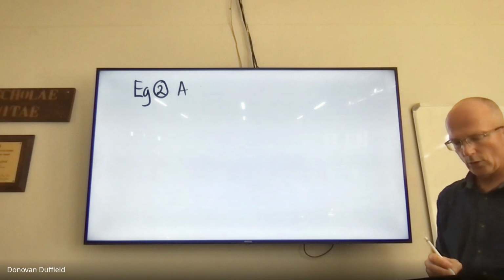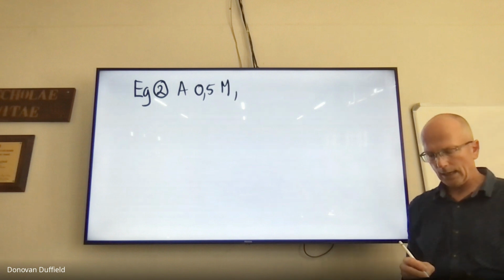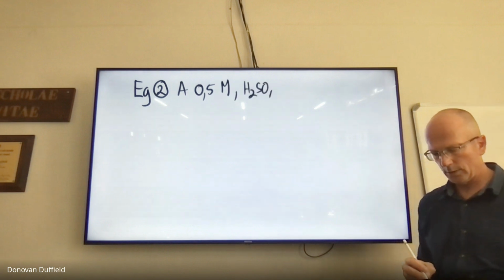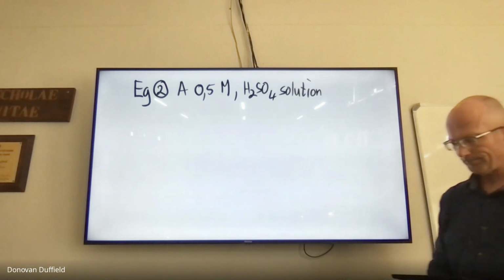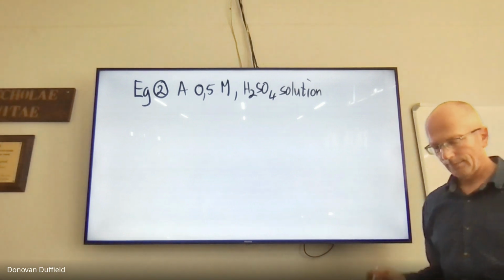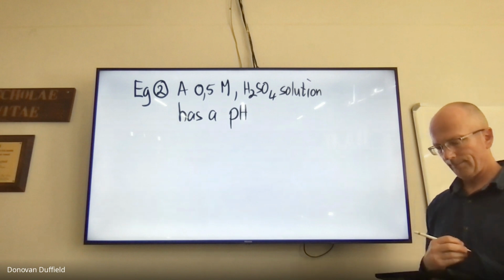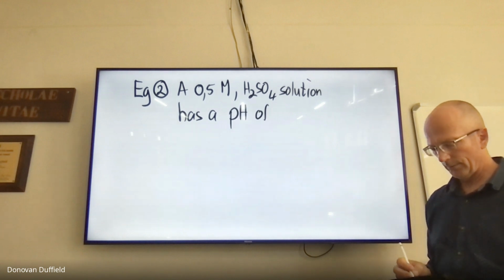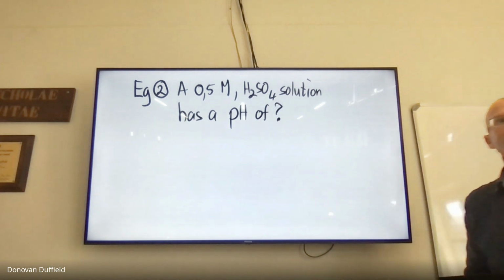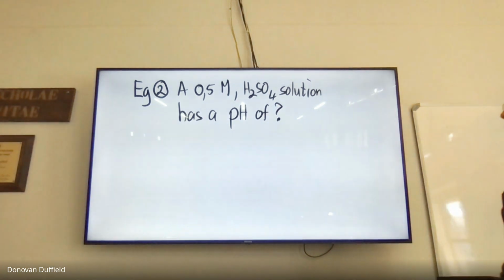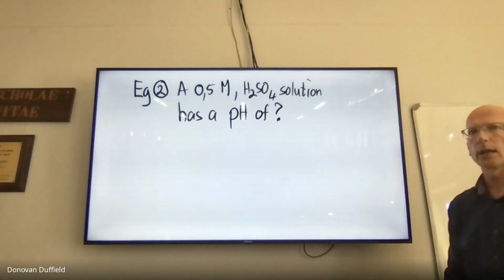A 0.5 mole per cubic decimeter solution of H2SO4 has a pH of what?